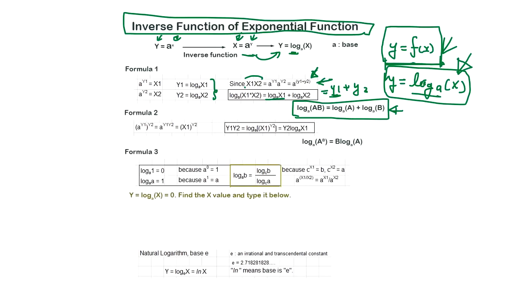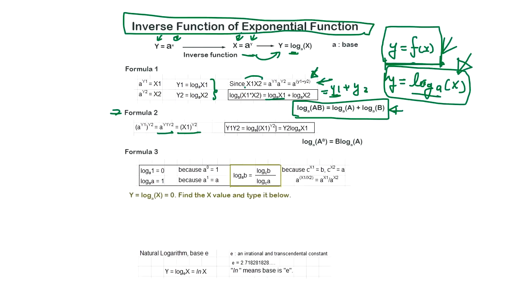Formula 2. a to the y1, to the y2. According to the exponential characteristic, it's the same as a to the y1 times y2. And that means x1 to the y2.